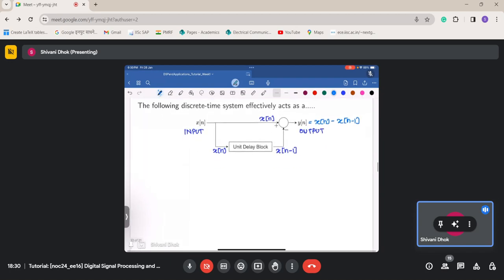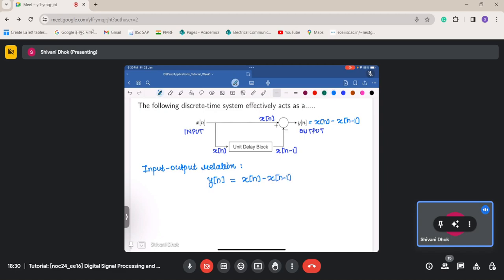So the input output relation is yn equal to xn minus xn minus 1.